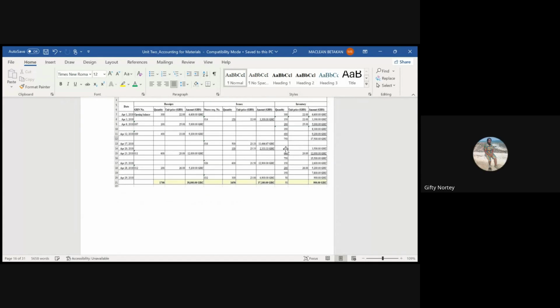So it's 23.33 by 150. What will you get? I had 3495.